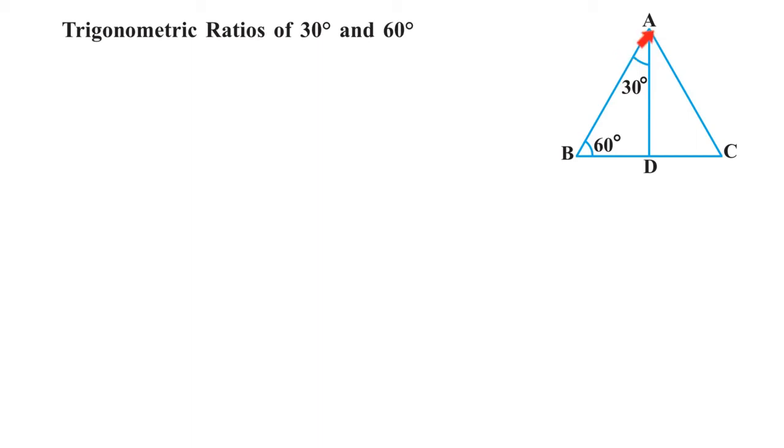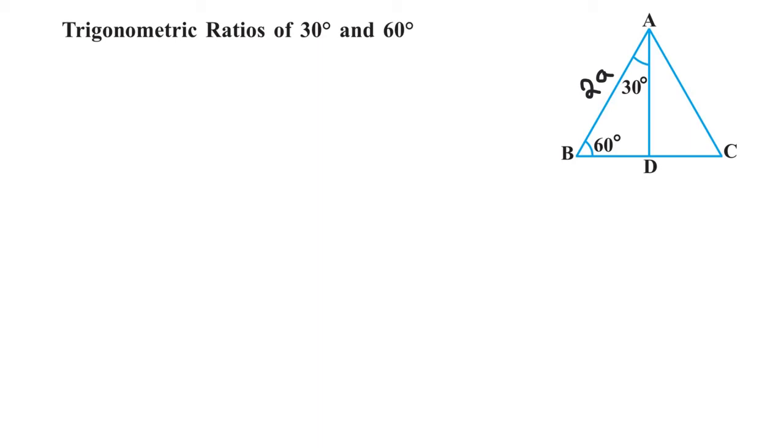Let us draw a line AD perpendicular to BC. And we know from our lower grades that if we draw a line AD perpendicular to BC, these two sides BD will be equal to DC. Let's consider AB to be of length 2A.